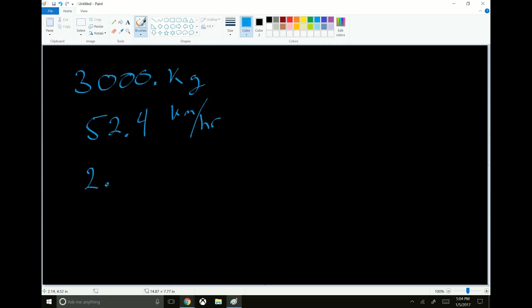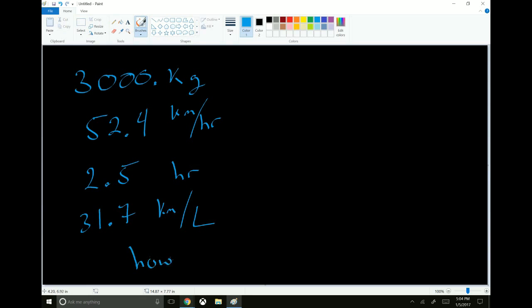If you're driving a car that weighs 3,000 kilograms at 52.4 kilometers per hour for 2.5 hours, and you get 31.7 kilometers per liter. How far did you travel?